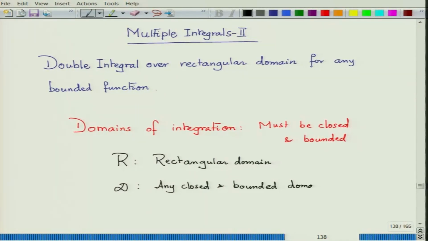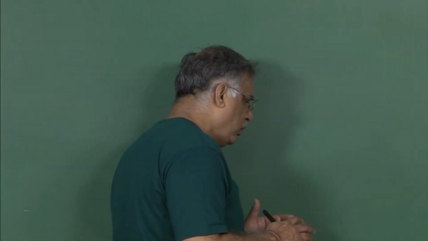Yesterday, even for the rectangular domain I wrote D, because we were talking on general domains, and then we said if the scenario is rectangular, you can write it as iterated integrals and all sorts of things. We have not told you how to handle the double integral over a general domain using iterated integration, that we will come to next.